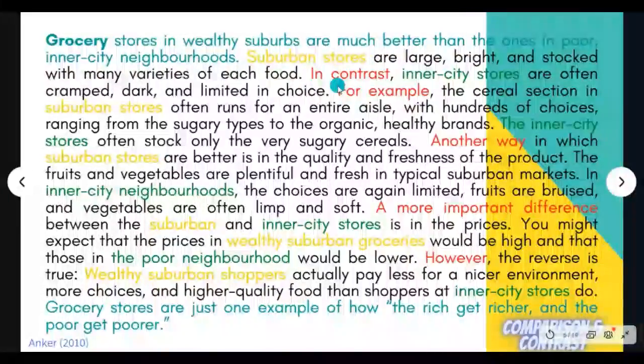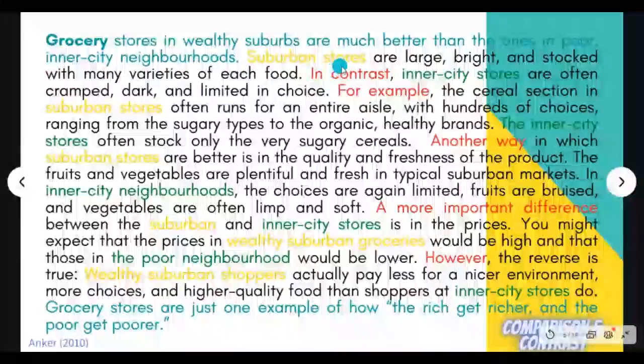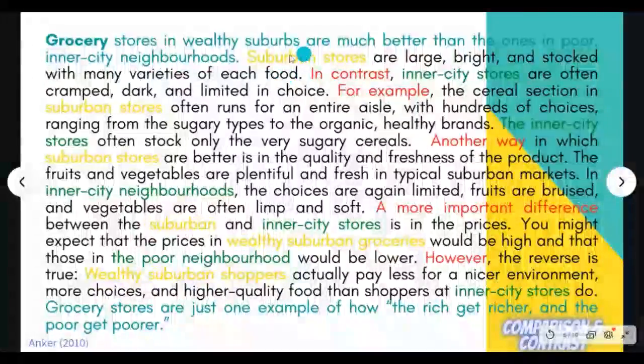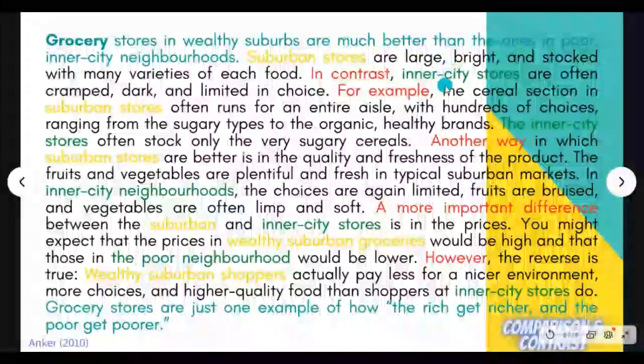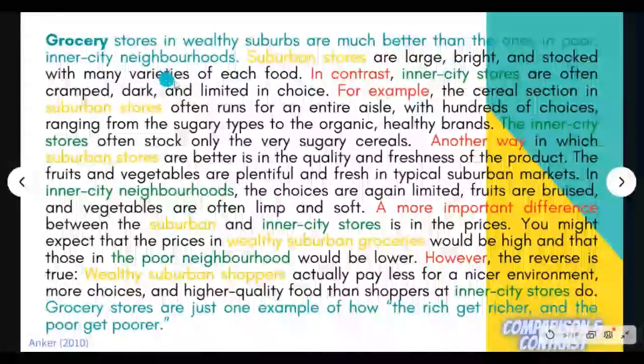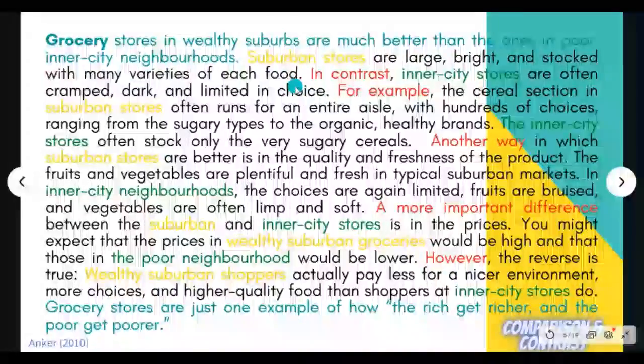Here in the second and third sentences, the stores are compared between those located in suburban and those located in inner city areas in terms of the variety of food. So that's the first thing to compare. And then this is exemplified by the next sentence.